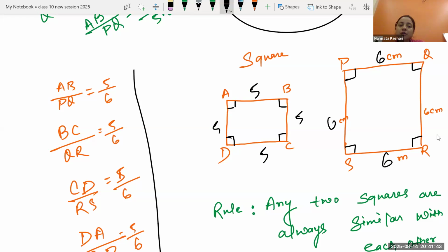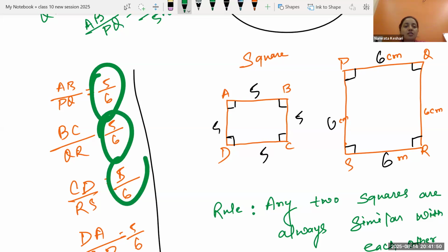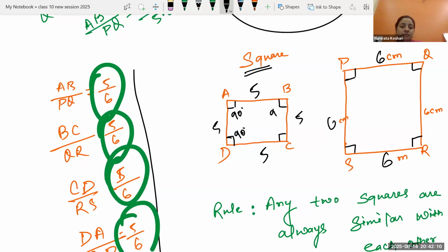Now we found the ratio between the sides, and can you see every time the ratio will be the same? Yes, ma'am. Why? Because it's a square. And each interior angle we need to match for declaring that these two shapes are similar. So the moment I have declared these two are squares, each interior angle has to be 90, right?